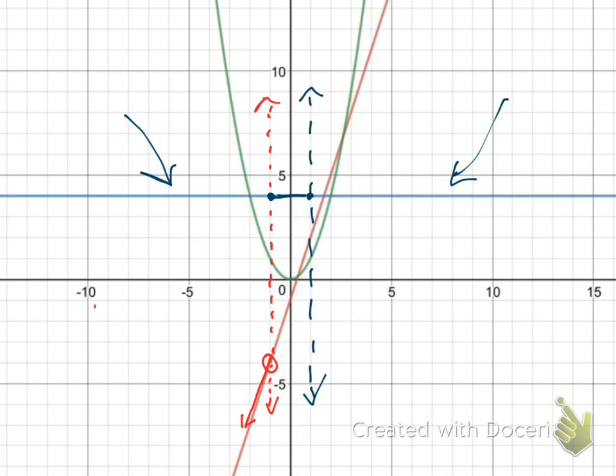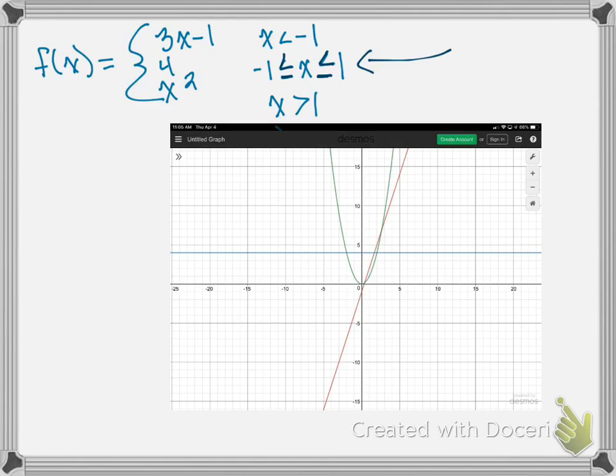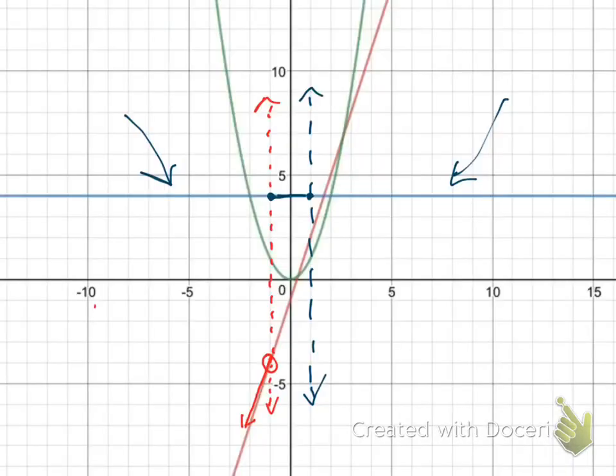Now, my third rule is y equals x squared. I don't start following that rule until what? Until x is greater than 1. So here's my green. I'm going to have an open dot right there. And then this is the rest of my function.